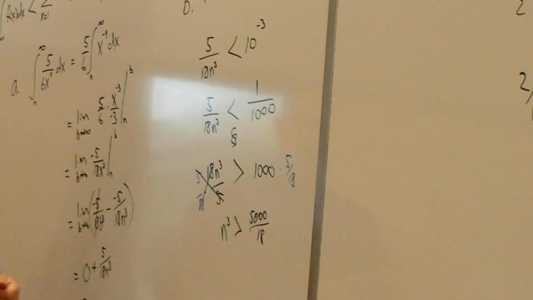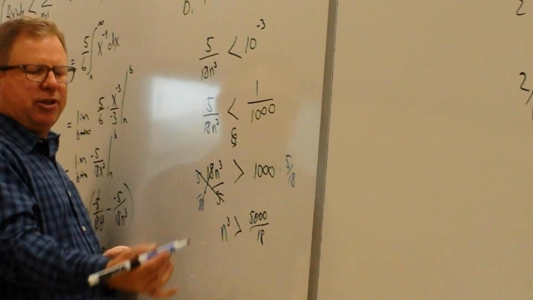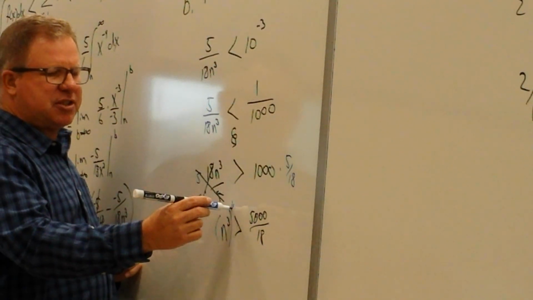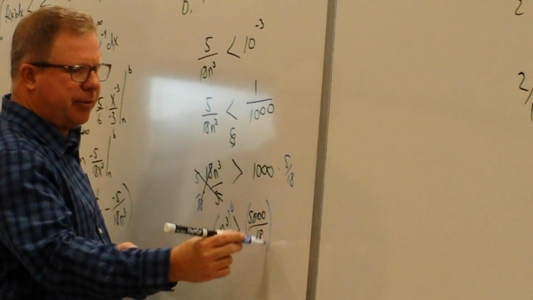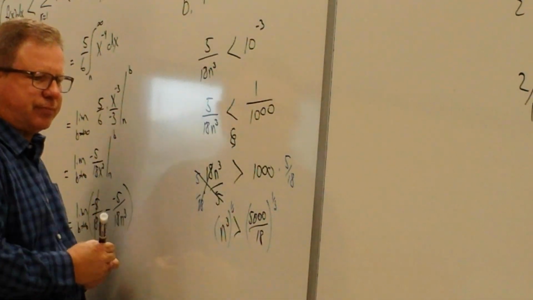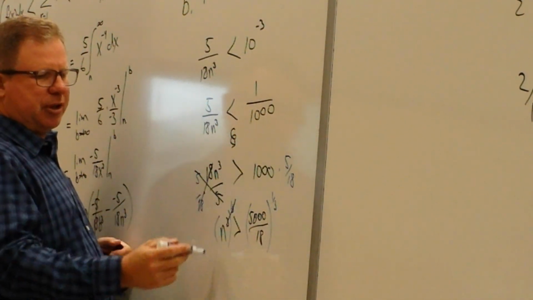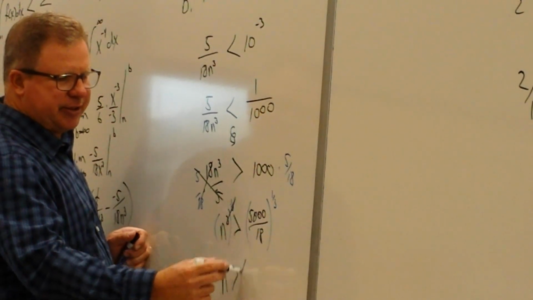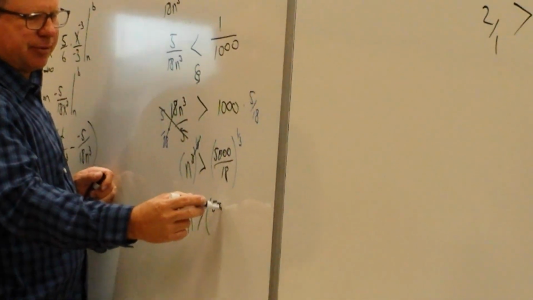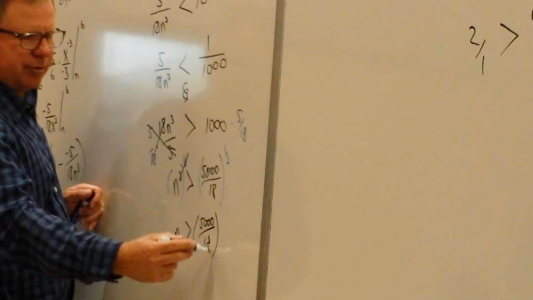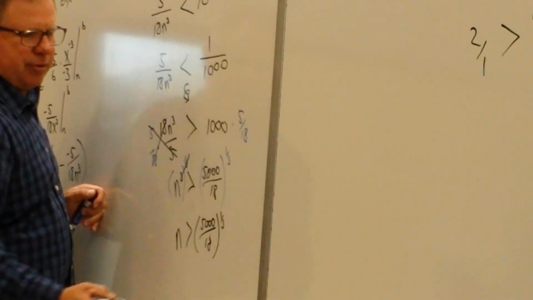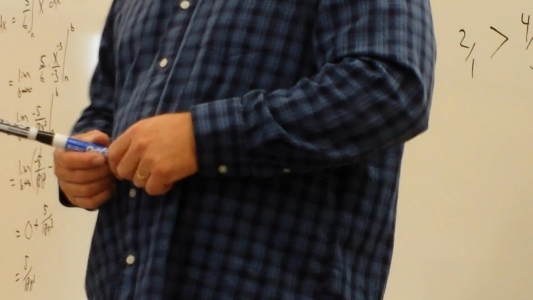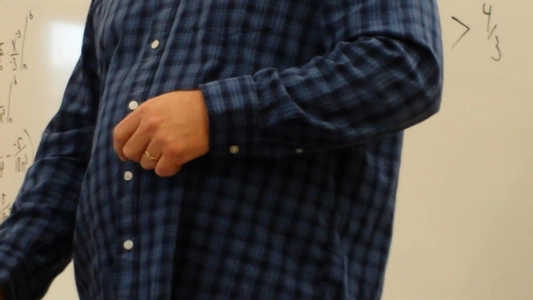We're trying to get n by itself, so now we need to take the cube root of each side, which is the same as raising each side to the 1/3 power. So 1/3 times 3 cancels out. We have n greater than this. And now we need to get an approximation for that decimal form. And it says round up to the nearest whole number.